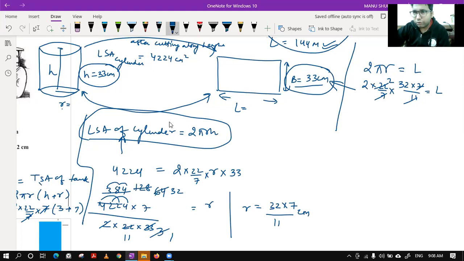The answer is 4 2s are 8, 4 3s are 12 centimeter equal to length. Are you able to understand this thing? How we have found the length? Yes class, please confirm.